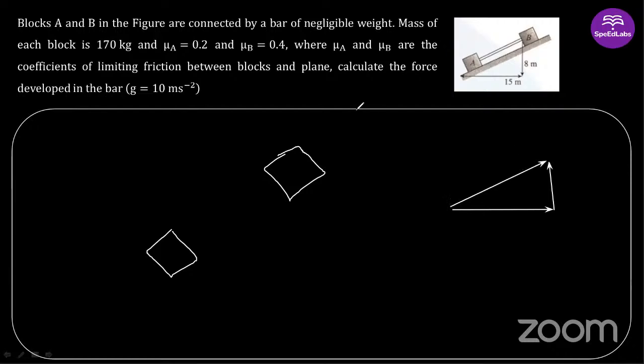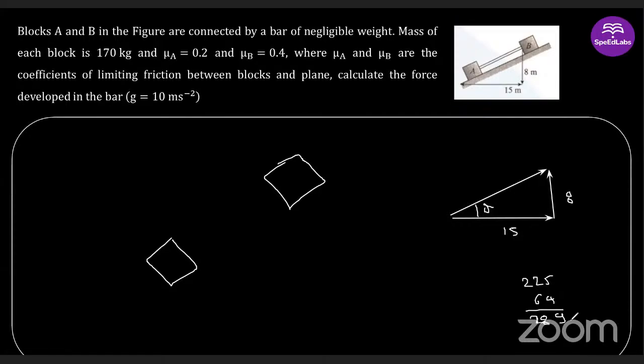If this is theta, this is 15, this is 8, then you find the hypotenuse first, that is the square root of 15 square plus 8 square, that is 225 plus 64, root of 289, that is 17.